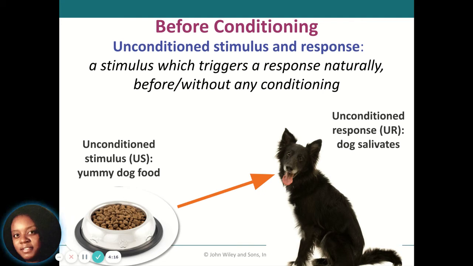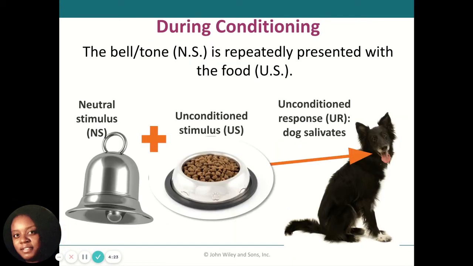But Pavlov wanted the dog to salivate to his bell. So what did he do? He had to take his neutral stimulus and pair it with an unconditioned stimulus, which we know is food, and the dog is salivating. At first, he rings the bell and gives the dog food. We know that the dog is salivating to the food, not the bell.